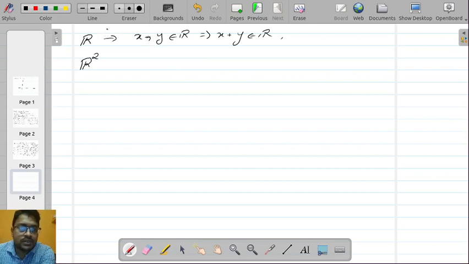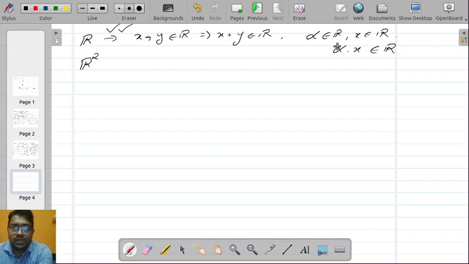So this concept is basically a fundamental concept. We know how to add two real numbers. And if you are given alpha in R and x in R, then their product alpha x is also in R. So this alpha we term as a scalar.